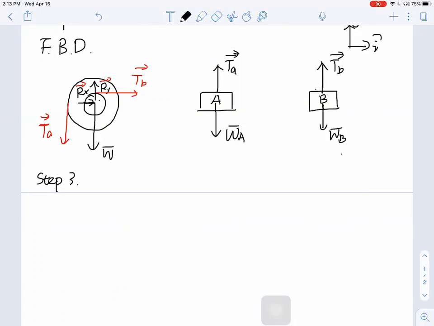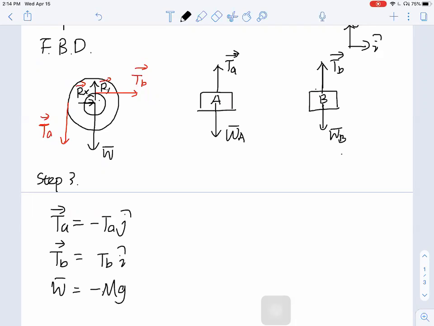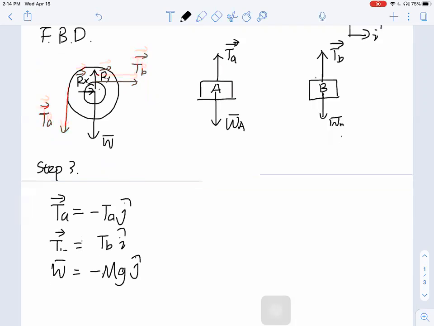Okay, here we have TA. TA is in the negative J direction, so it's negative TA J. And TB is in the positive I direction. The weight force is negative MG in the J direction.